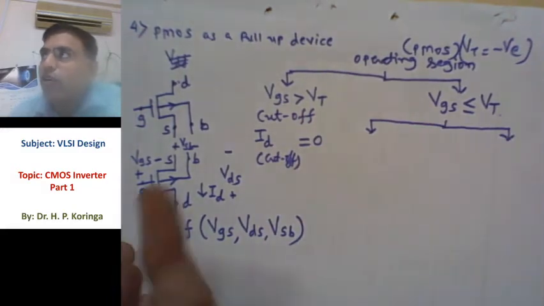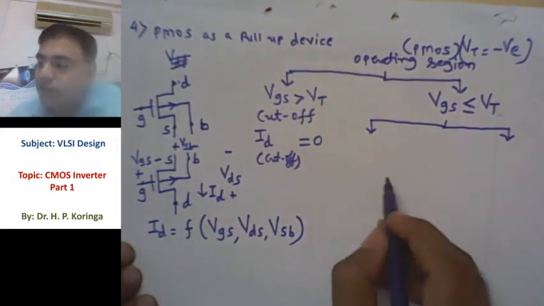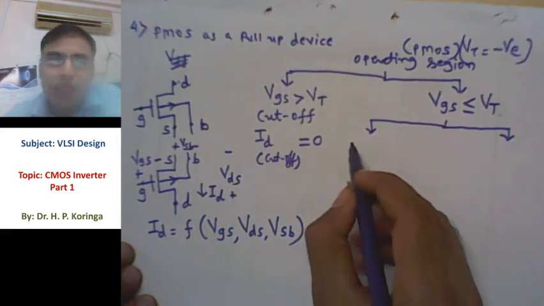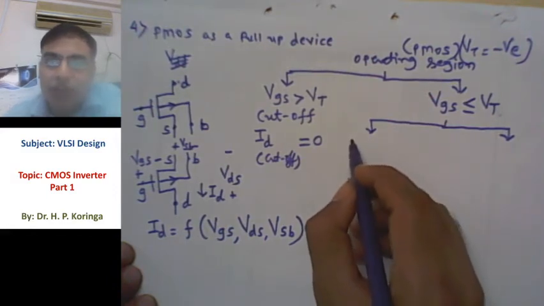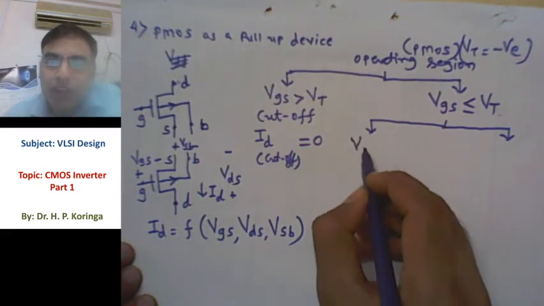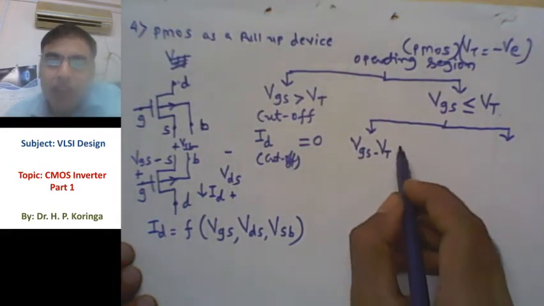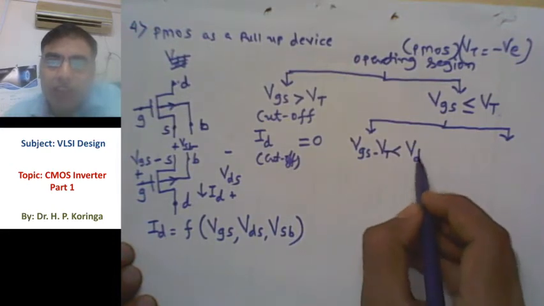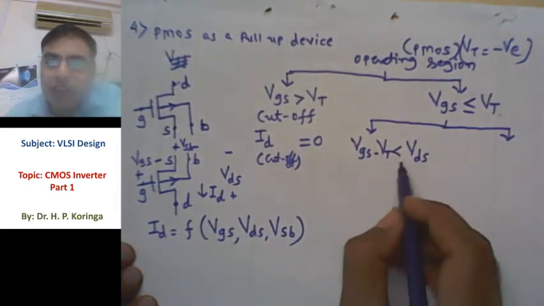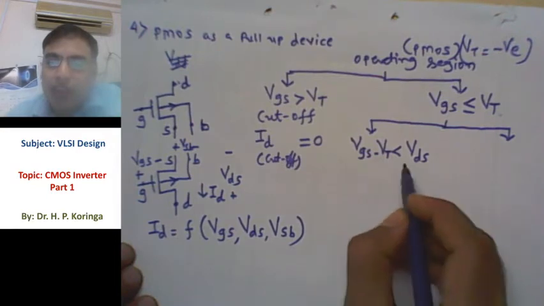So the condition for the linear and saturation region is when it operates in linear and when it operates in saturation. Whenever VGS minus VT is less than the VDS, then it operates in the linear region.